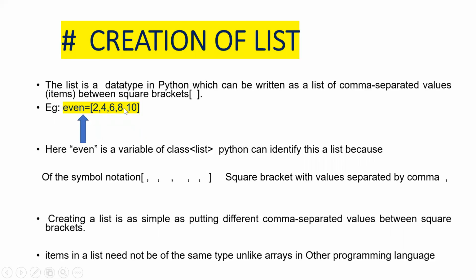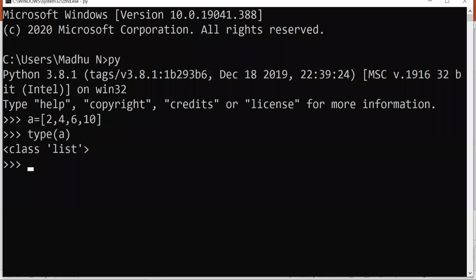When you ask for the type of this even variable, Python will return the class list like this. Here I have declared a variable a equal to, I have written the square brackets, and I have written the values 2, 4, 6, 10 separated by commas, and I asked Python what is the type of this variable.